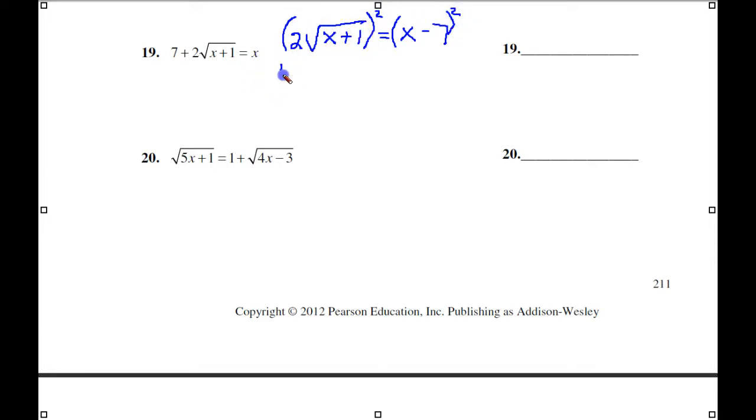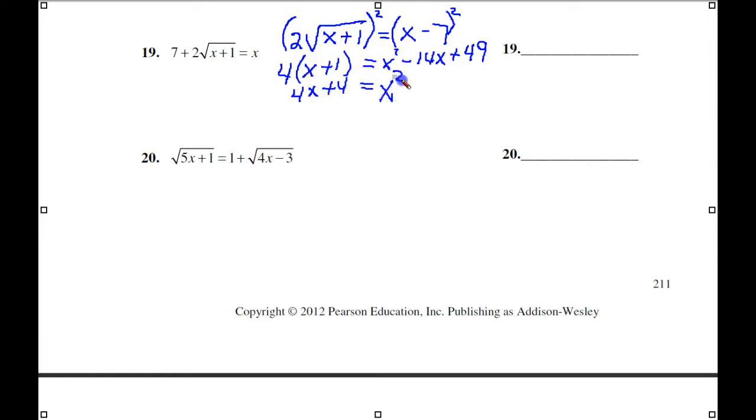So this then becomes 4 times x plus 1 equals, we have to square that, so that's x squared. Multiply these and double it, minus 14x plus 49. This is a technique from an older chapter. So this becomes 4x plus 4 that I'm now going to integrate on this side.